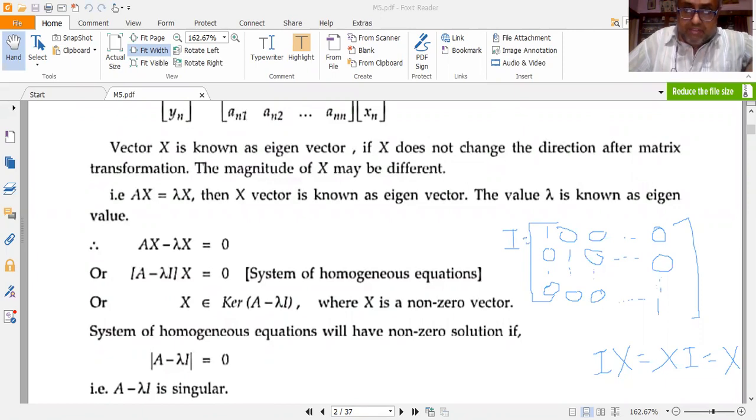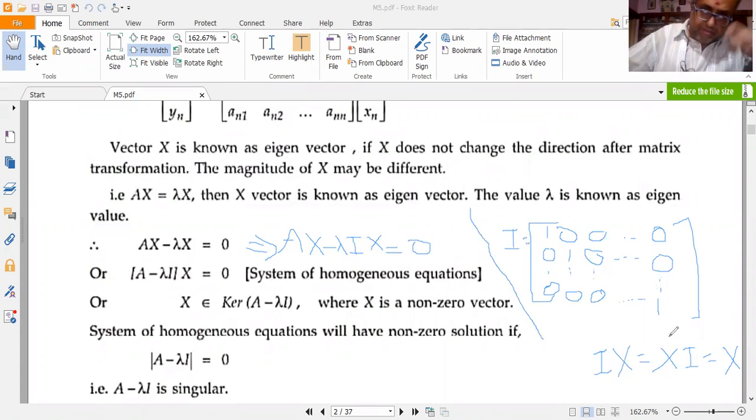Or to be much clearer, I can write this as Ax minus lambda into I into x is equal to 0. Because I use this concept: I into x is equal to x, x into I is equal to x.